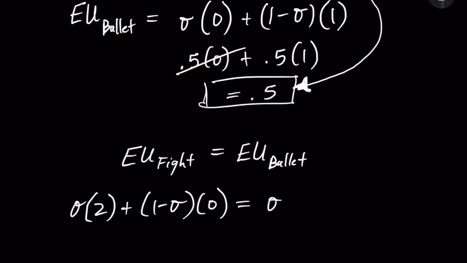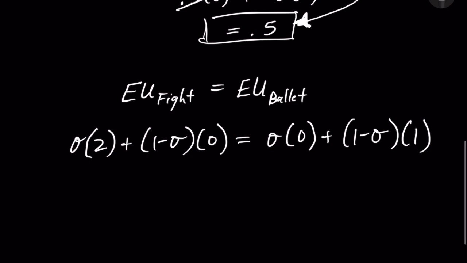So sigma times 0 plus 1 minus sigma times 1. Okay, so now we're going to solve this entire equation for sigma. And that will tell us the sigma, or the probability of the wife choosing fight, that makes me as the husband indifferent. I don't have a strategy at this point.